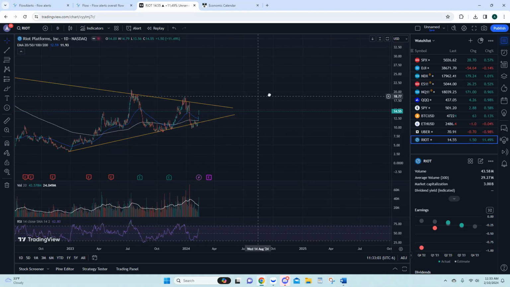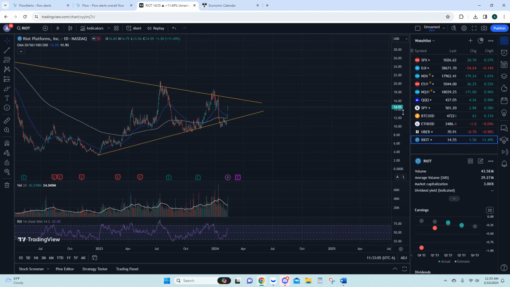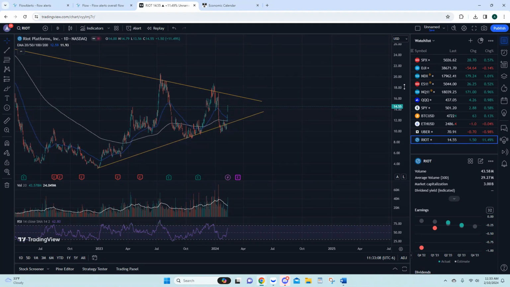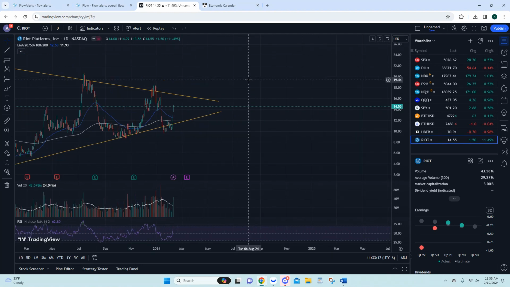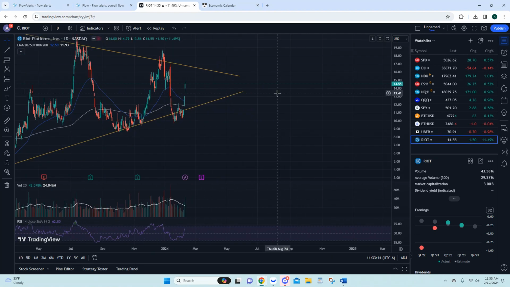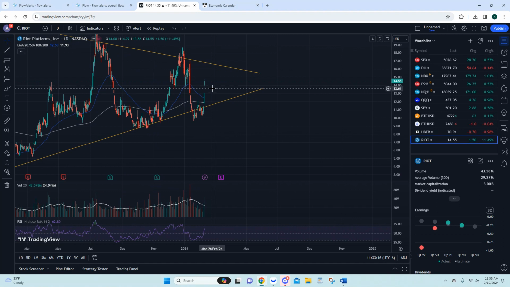Again, moving averages are just little data points, I like to combine multiple data points. Also looking at the chart here, two gaps on Riot right here from 13.61 down to 13.05. And we have another lower gap here from 11.78 to the uptrend there at 11.38, 11.42 ish.